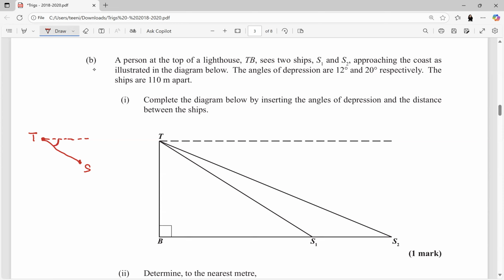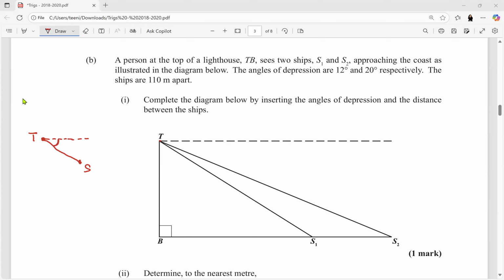So we've got to find that angle on the diagram, right? So S1 is this line from here. Let me use the annotations from Zoom first. This would be better.